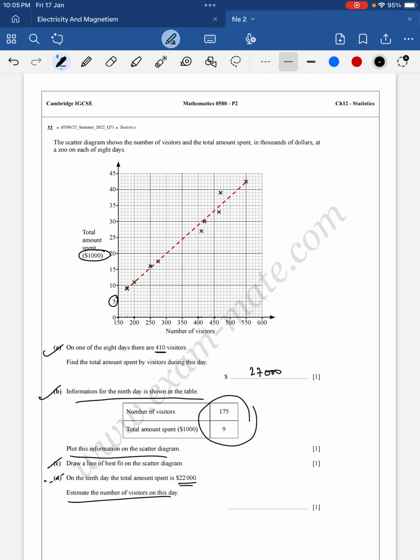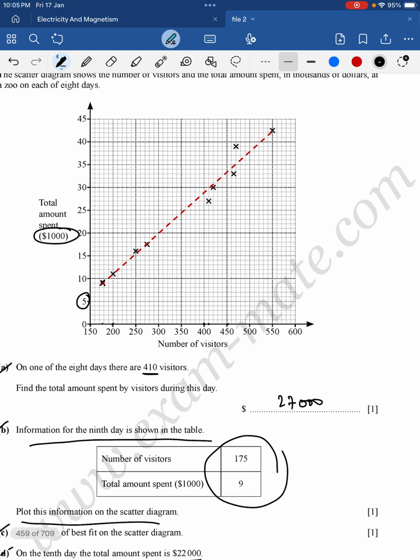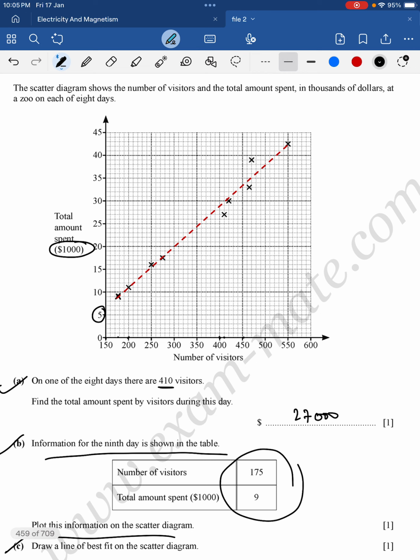Next part: on the 10th day, the total amount spent is $22,000. Estimate the number of visitors on this day. To estimate this, we will use the line of best fit. So we will put the 22,000 point first and see where it lies. This is 10, there's 15, there's 20, so 22 is between 20 and 25: this is 20, 21, 22.